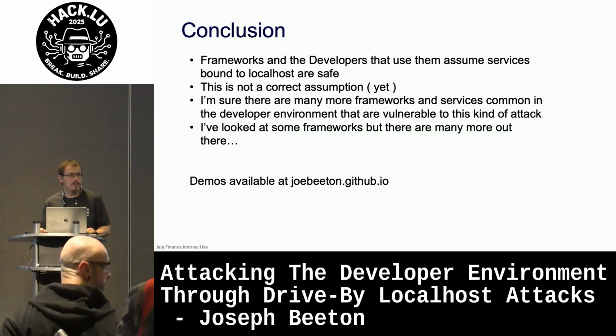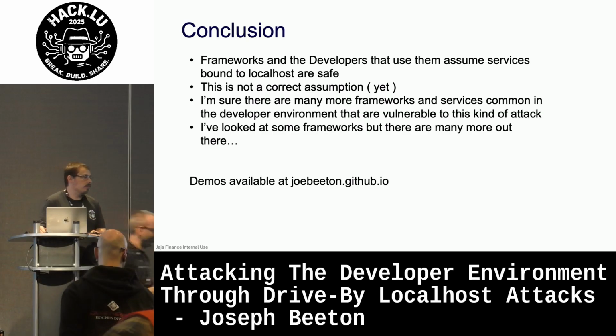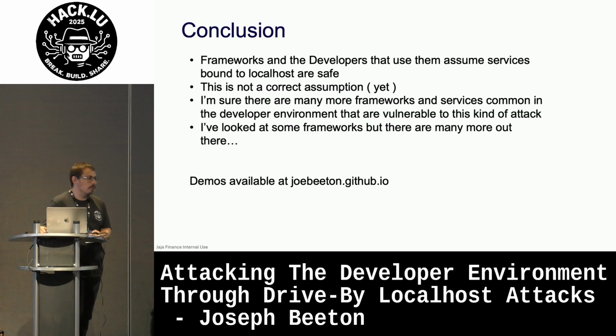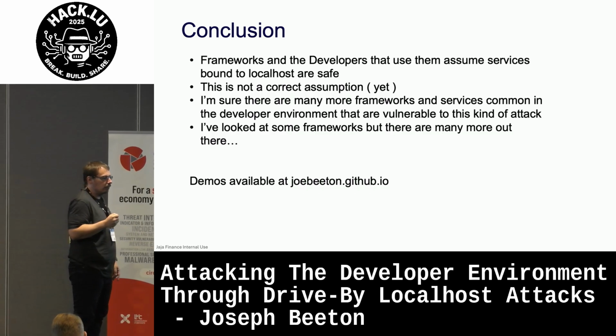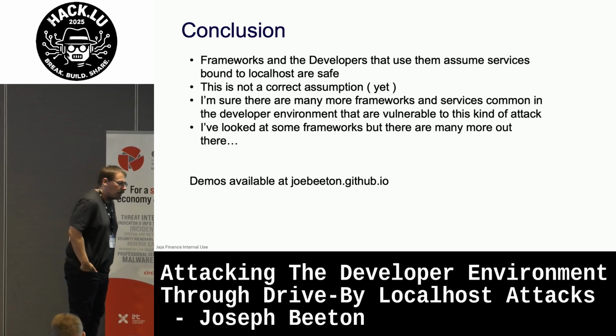Questions? Yeah, Eric? That's really interesting for localhost, but have you tried the .local extension on multicast DNS that allows you to address a local system? Sorry, I couldn't hear you.